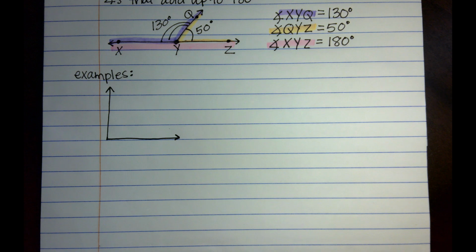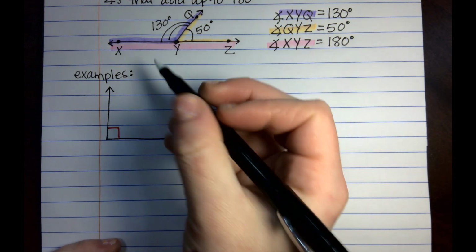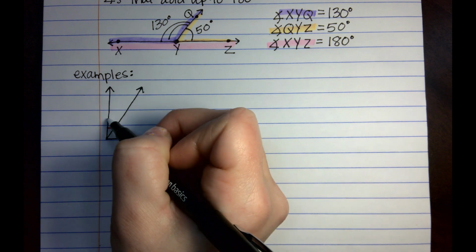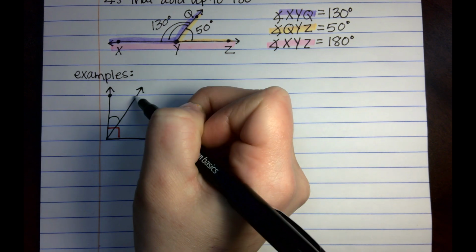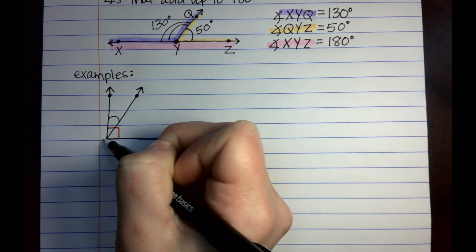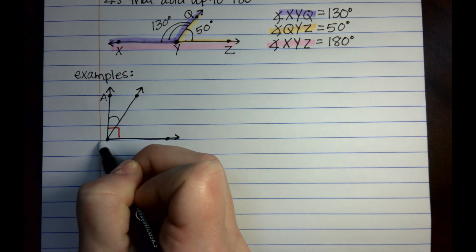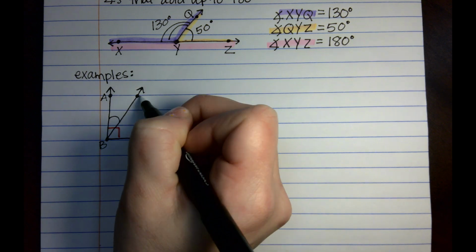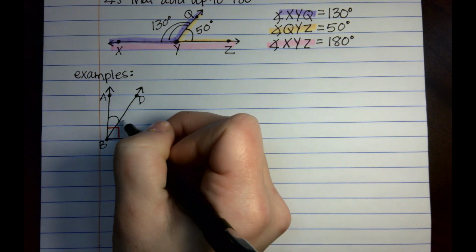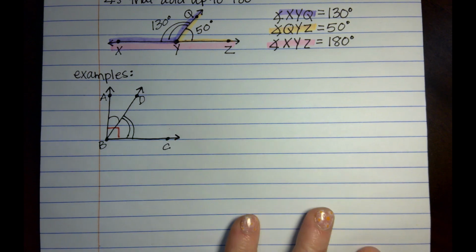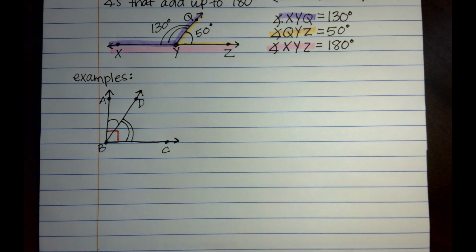So here is my 90-degree angle. And let's name them. Okay. A, B, C, and then D is going to be the angle sticking out in the middle. So here's how I'm going to give you measures.